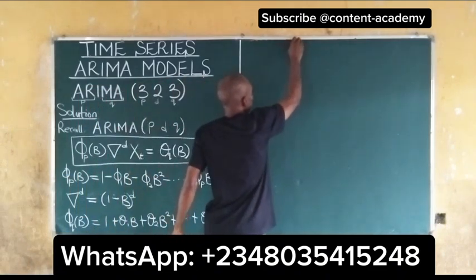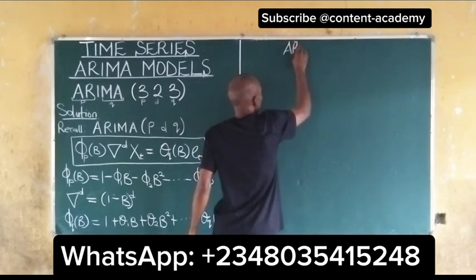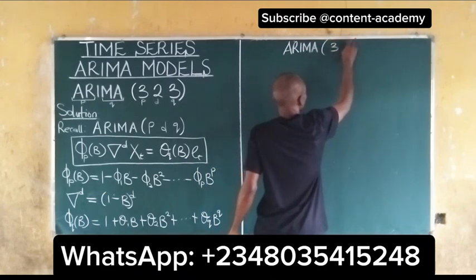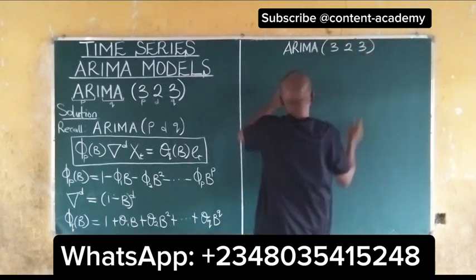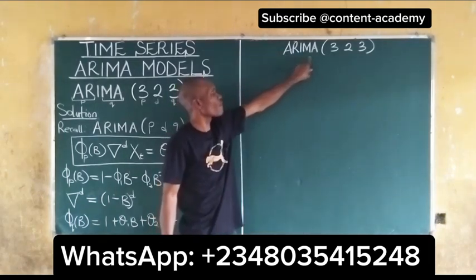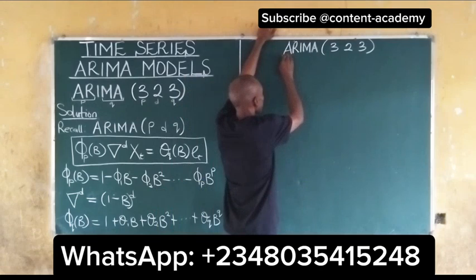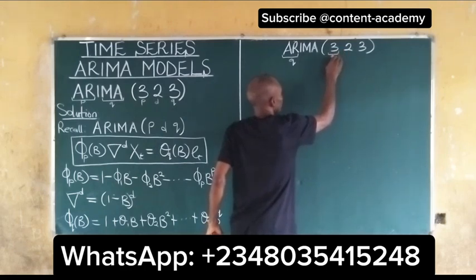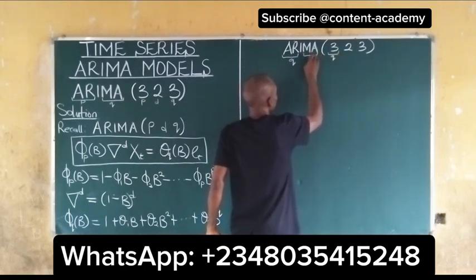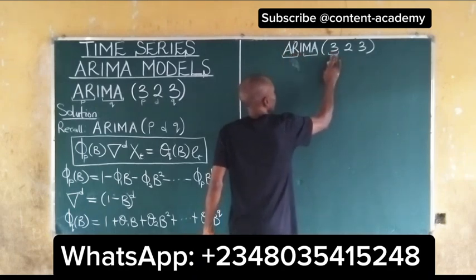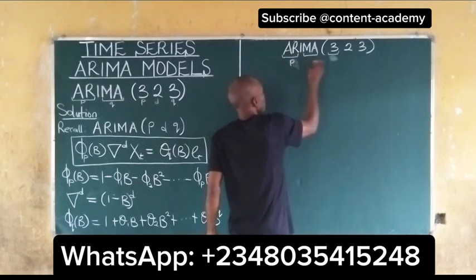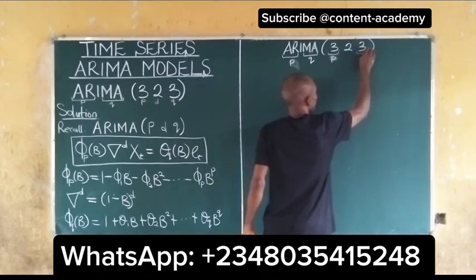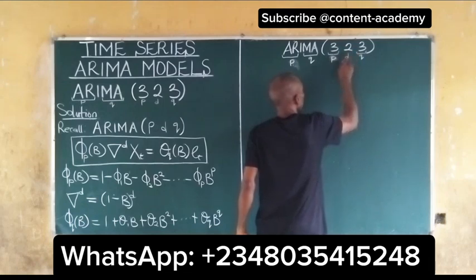We move over to this side of the board. ARIMA 323. It simply means our autoregressive of order P, moving average of order Q. Our differencing is 2.